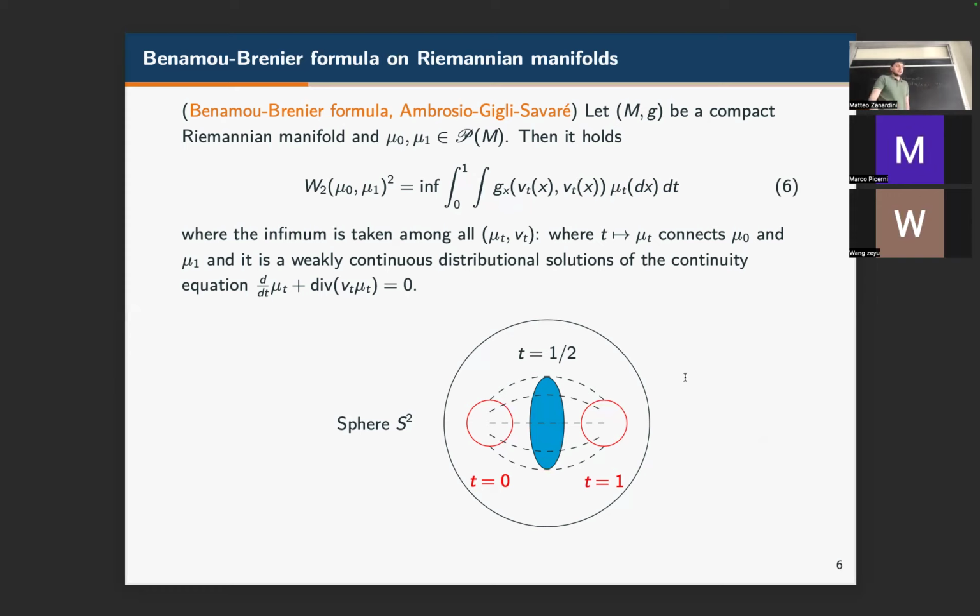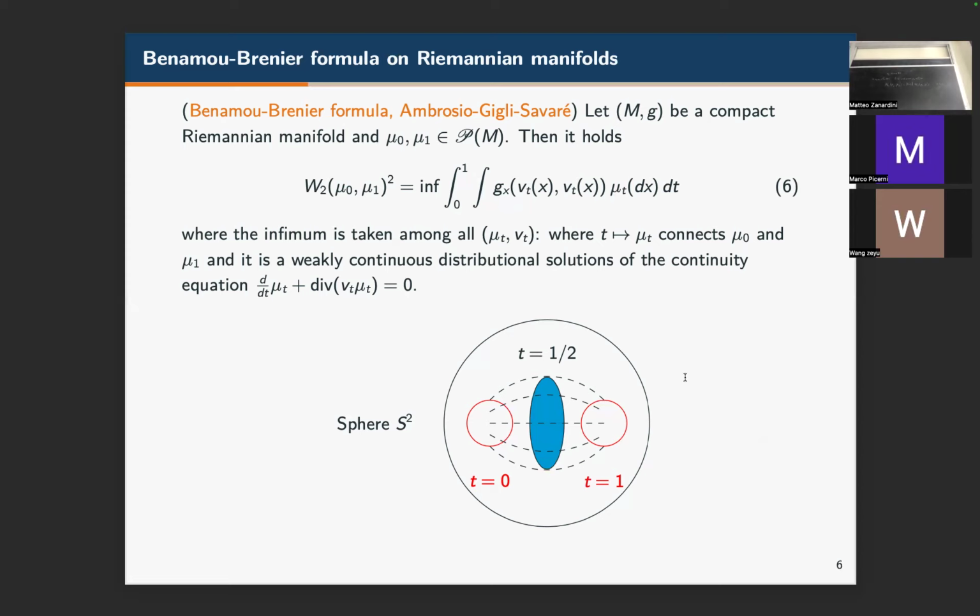Now you can wonder what is happening in this kind of problem. You can wonder what a kind of optimal couple is, what can happen. Well, consider mu_0 and mu_1 to be two probability measures uniformly distributed inside these balls in the sphere S2. What happens is that an optimal couple mu_t, v_t is such that mu_t somehow evolves along these dashed lines.